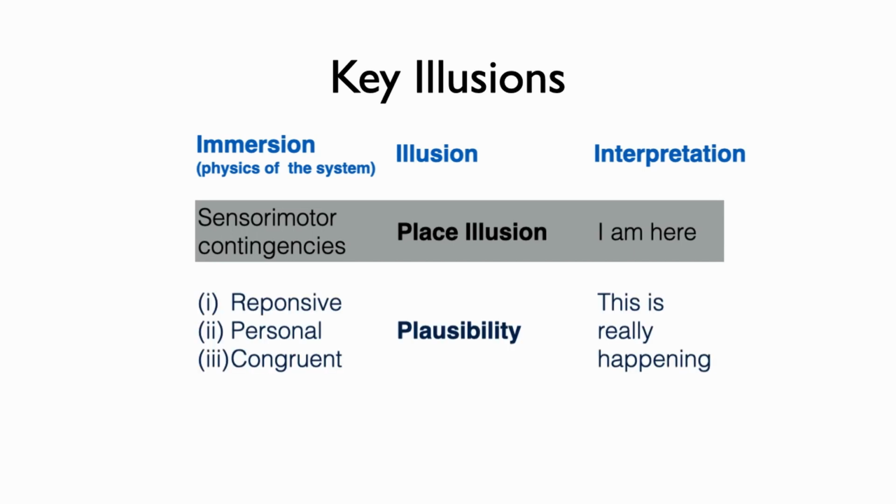The second illusion I call plausibility, and this is the illusion that the events are really happening. Place illusion is about where you are. Plausibility is about your response to what's happening. And this seems to depend on at least three factors: how responsive the environment is to you, how personal it is to you, and how much the events that happen are congruent with your expectations if the environment depicts something that could be real.